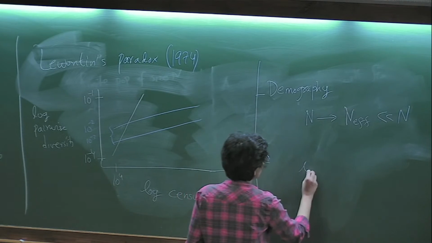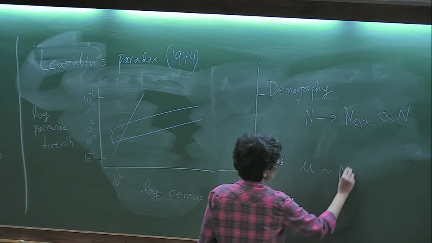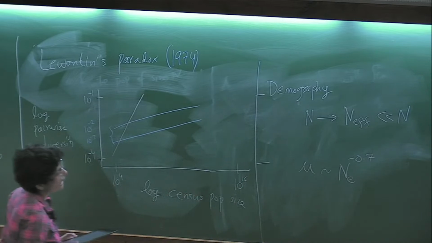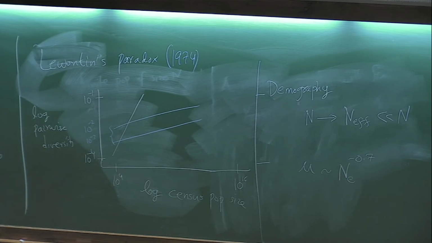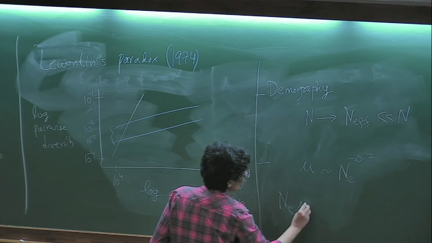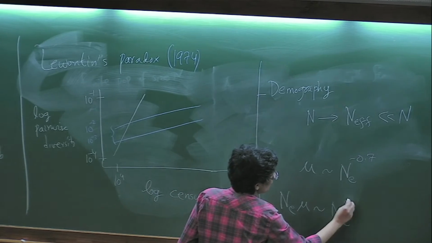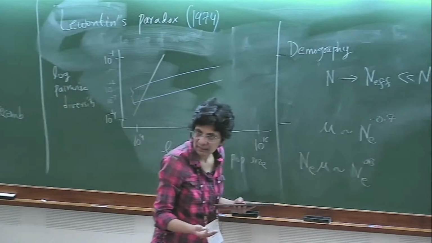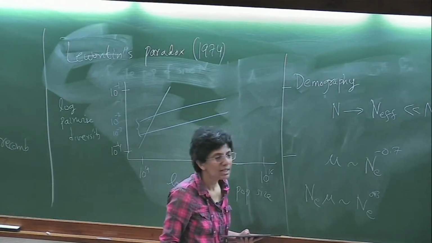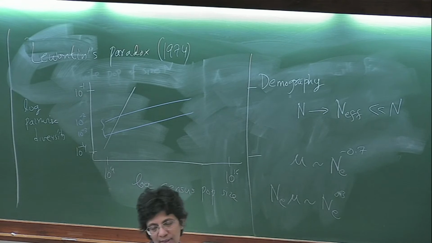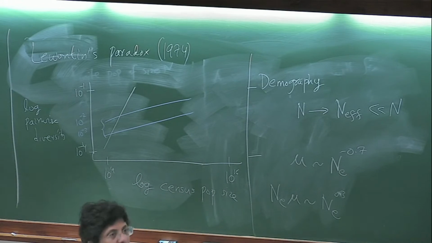There are certain fits they have done, and they find that the mutation rate is anti-correlated to the effective population size through this power of minus 0.7, which means the pairwise diversity, N mu, would scale with a power of 0.3. It will grow, but slower than linear, right? Again, this does not explain it completely. It made some changes, but not quite.